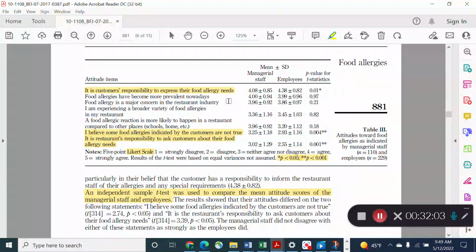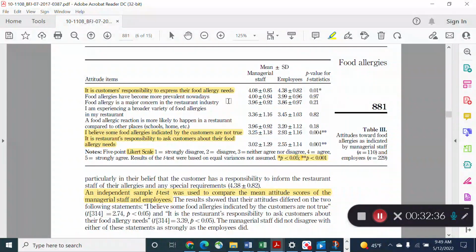Let me stop just for a moment because I want to talk about hypotheses related to this particular statement. So for each of these statements, we could write a null hypothesis, a non-directional hypothesis, and a directional hypothesis. So I'm going to give you what the null hypothesis would have been for this particular statement.